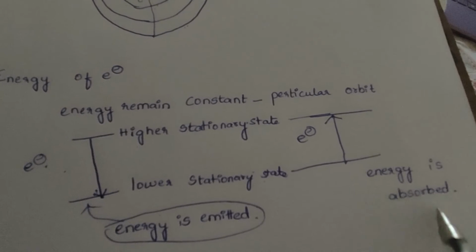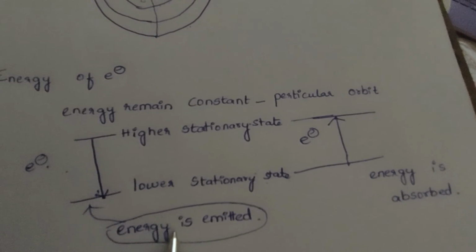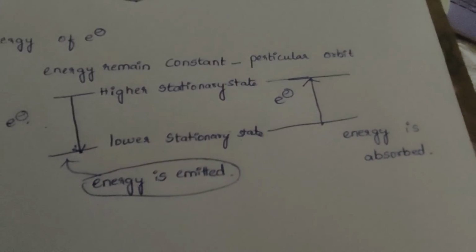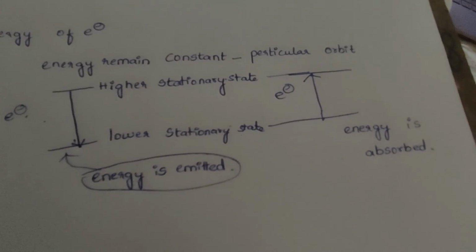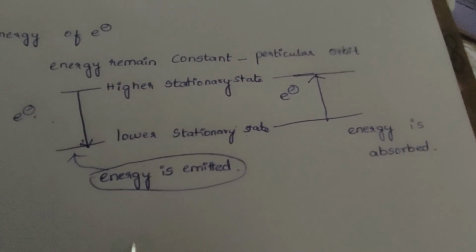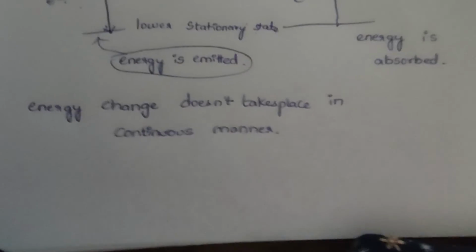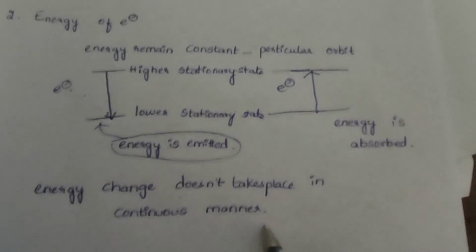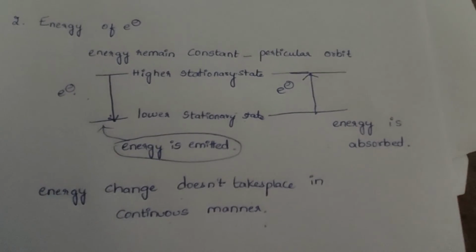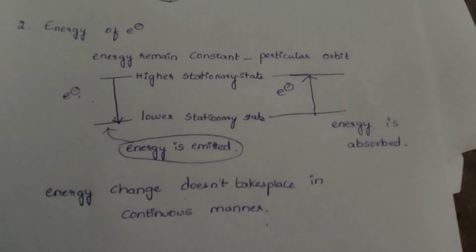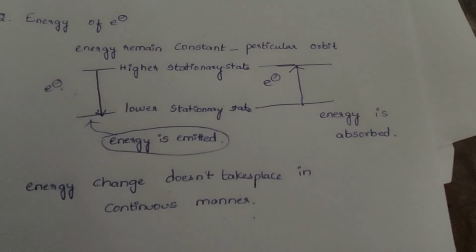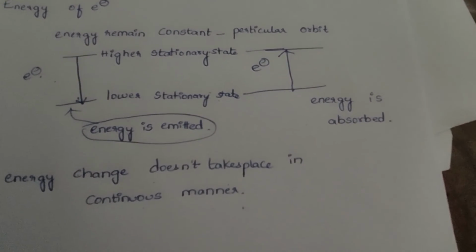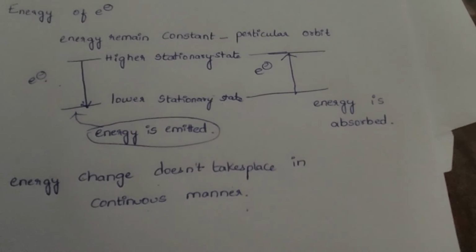This energy absorption or emission, that is, the energy change, doesn't take place in a continuous manner. Why? Because as we discussed earlier, when an excited atom moves to a lower energy state, it releases energy in the form of electromagnetic radiations.